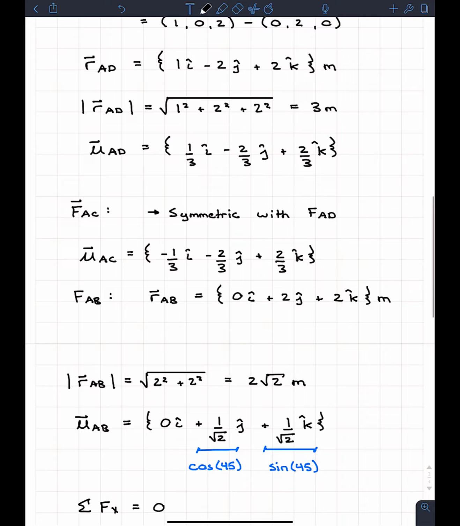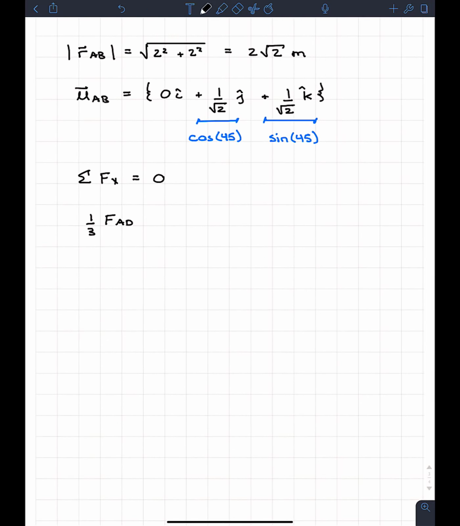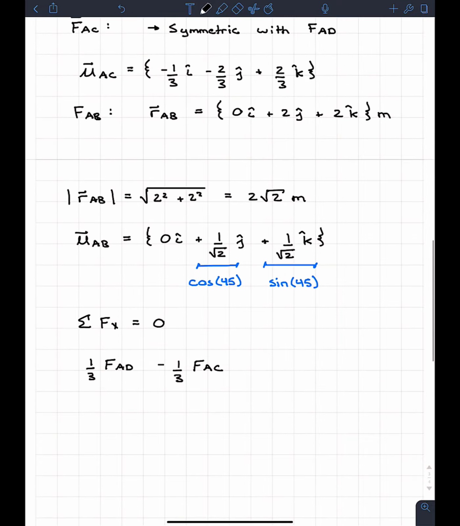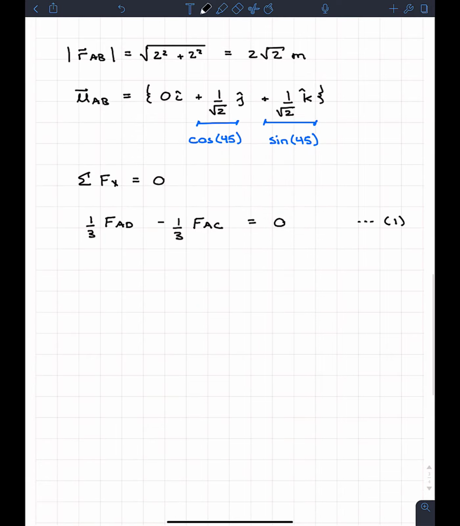Then for AC, we have negative 1/3 in the i, so I'm going to go minus 1/3 FAC. And if we look at AB, there is no i component. So this is the end of it, and for equilibrium, it has to be equal to 0. What I do to keep track later is put a 1, meaning this is equation 1. So when I'm referencing it later, I can just put 1. I don't have to write the equation out all the way. We're going to do this for all directions.